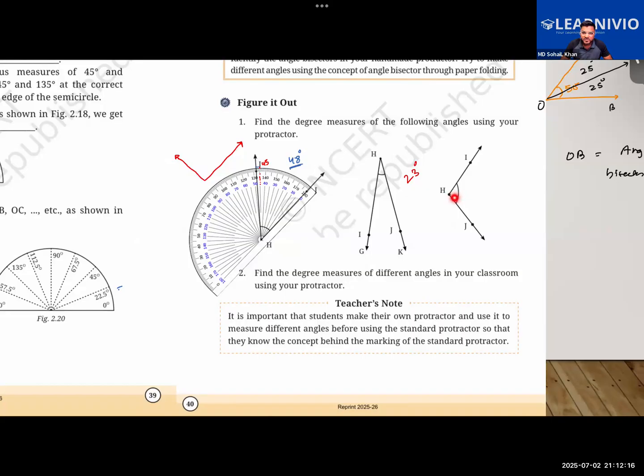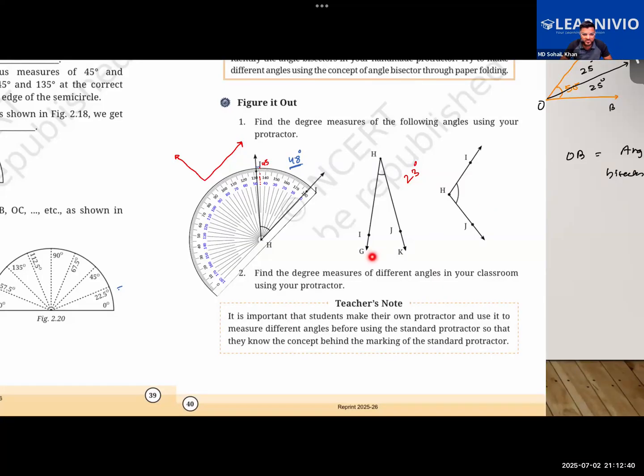And for this, what is the value of the angle here? What's angle KHG equal to? Let me check. Why are you a bit lost in today's class, Habib?